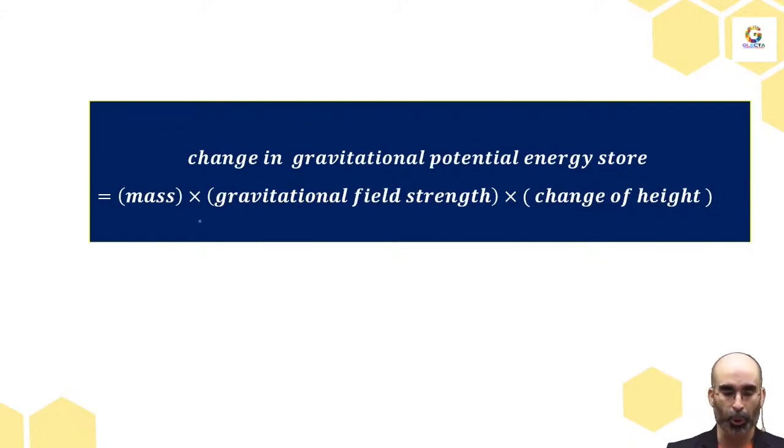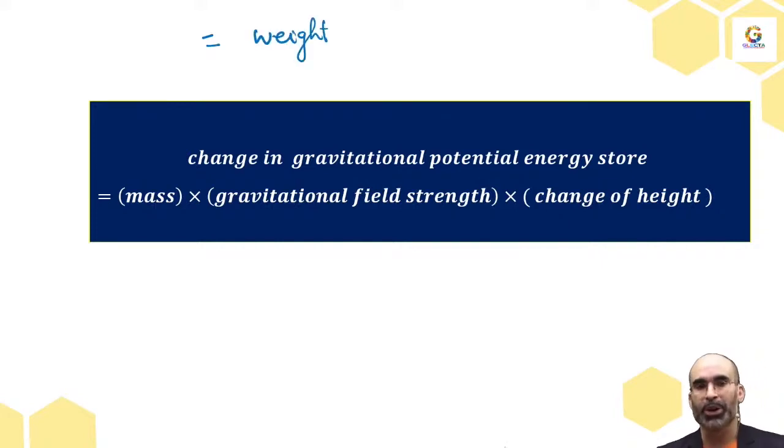This is very important. When you say the change in gravitational potential energy store, it is equal to weight, of course calculating it in terms of work done, right? So it is weight into the height or the distance moved.